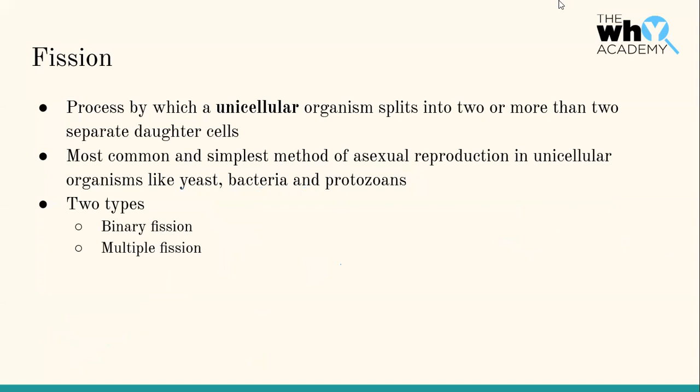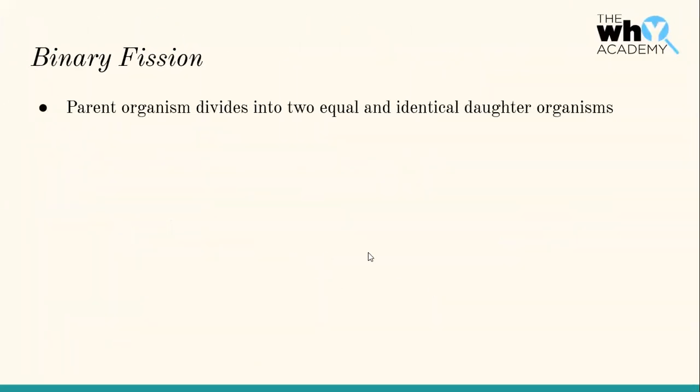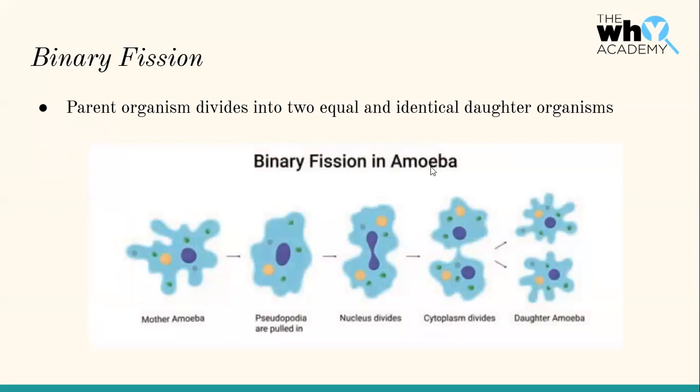There are two types, binary and multiple. Binary fission, main example is amoeba. The parent organism divides into two equal and identical daughter organisms.